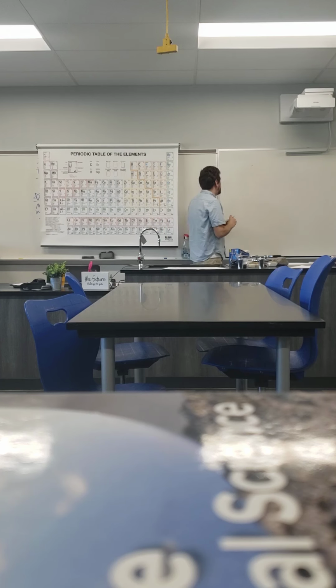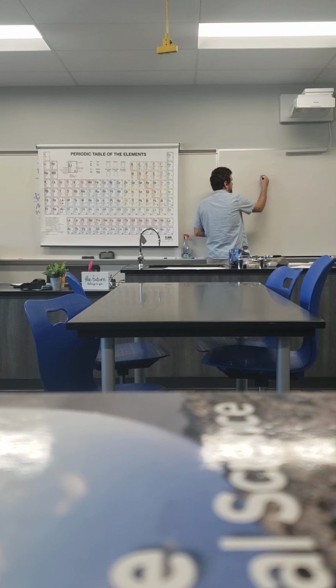So let's use lithium. I'm going to draw a lithium atom for us real quick. It's got 3 protons, usually 4 neutrons, unless it's an isotope of it. And then it's going to have 3 electrons. Okay?